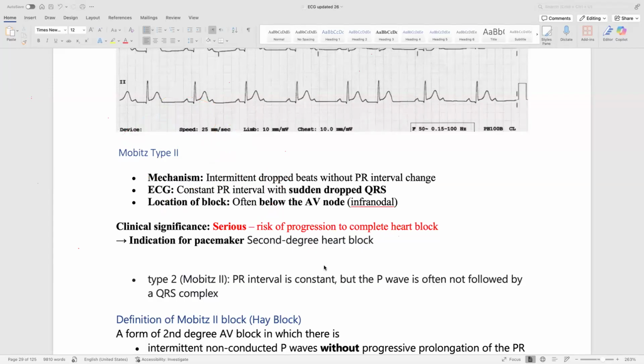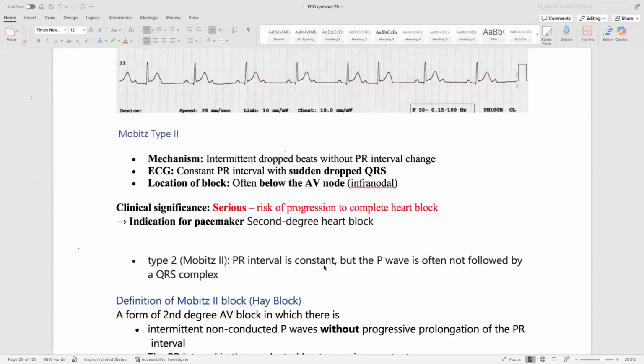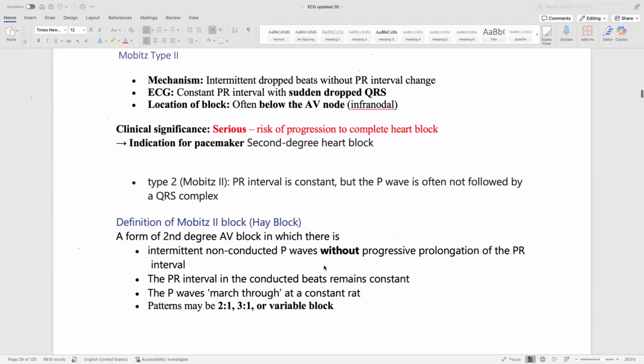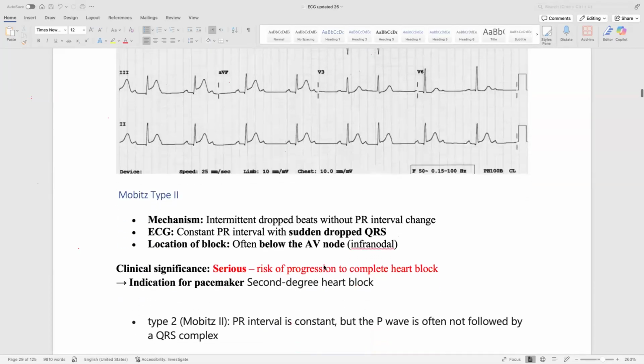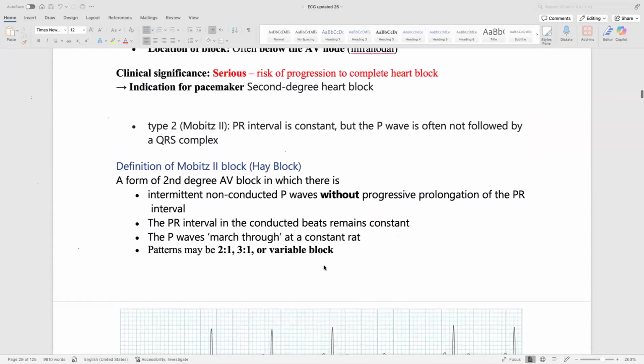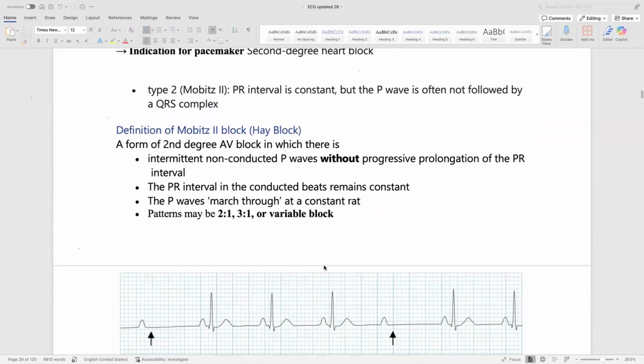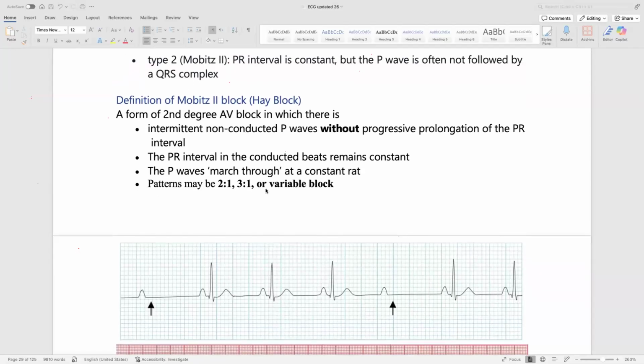Whereas there is a P wave, suddenly there is no QRS. But the PR interval is constant. The PR interval in the conducted beats remained constant.